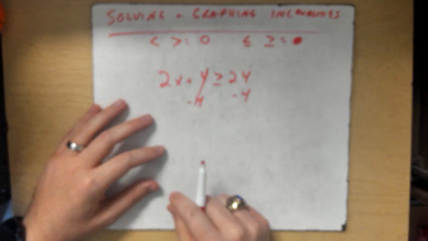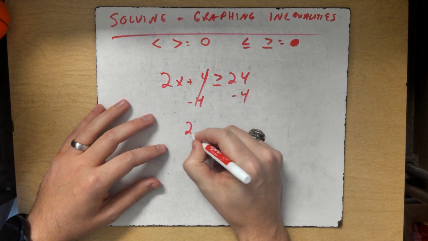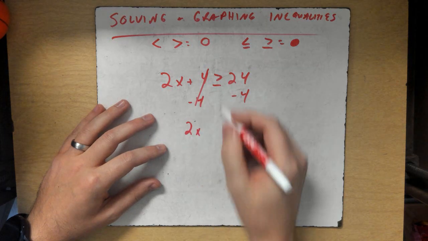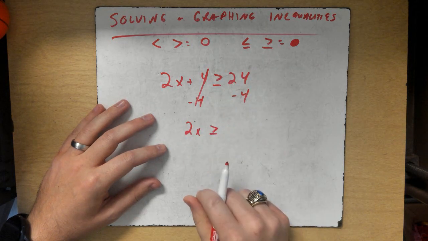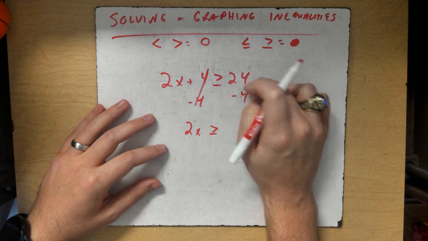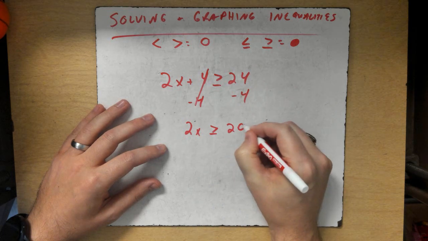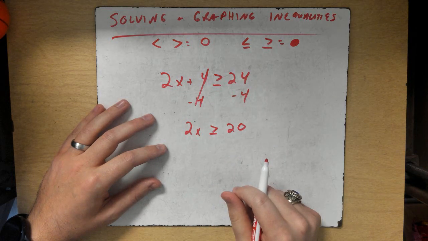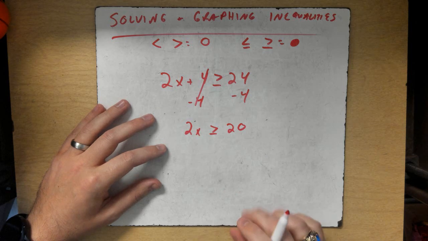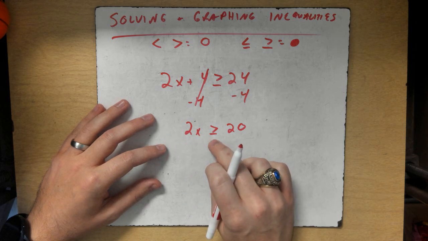These 4's cancel out. We're going to bring down our 2x and our symbol, and then subtract 24 minus 4, and that gives us 20. Now, our last step: we have 2x is greater than or equal to 20.